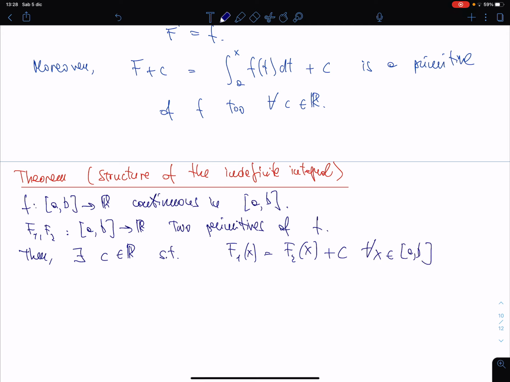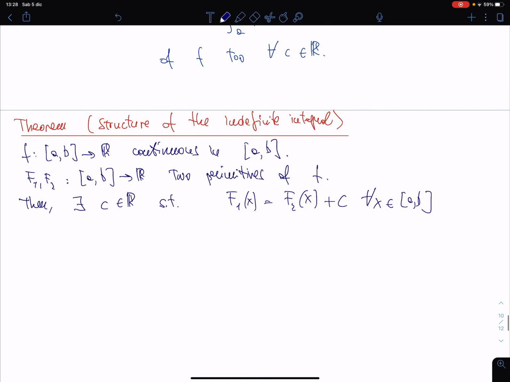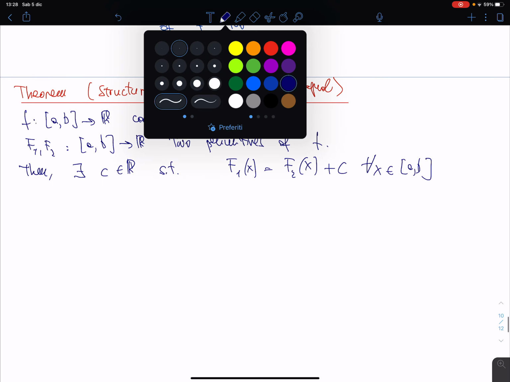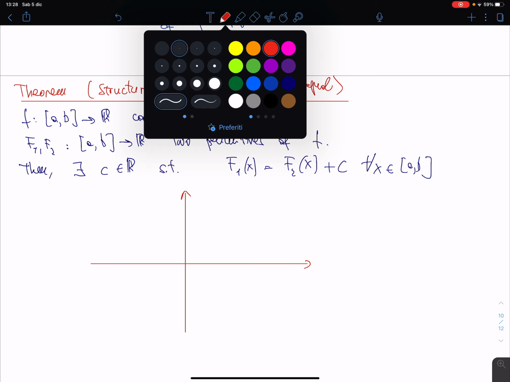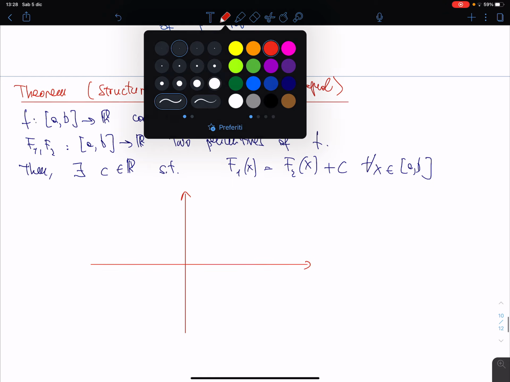So the structure of the indefinite integral is very simple. This means that here you have a function f. I can draw function f, something like a parabola, why not?